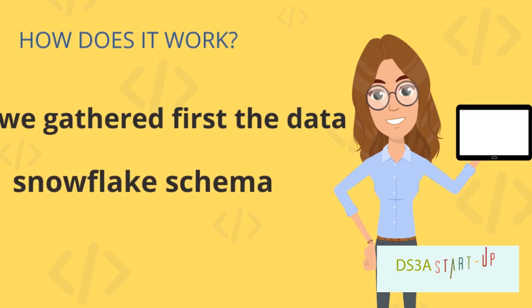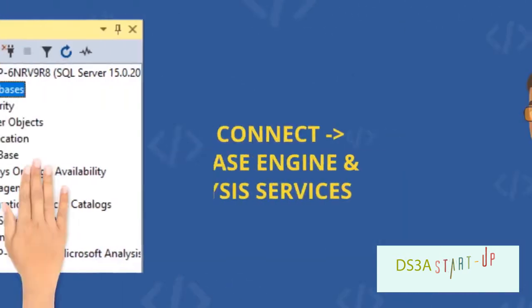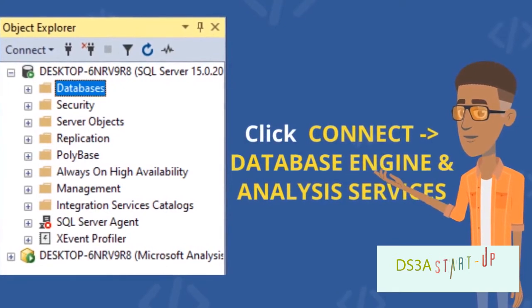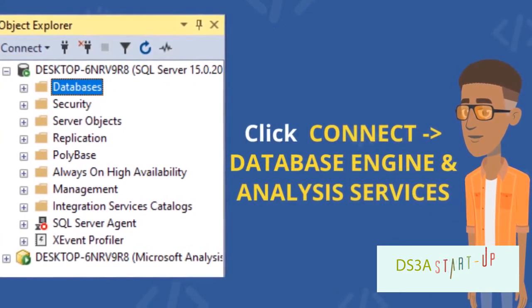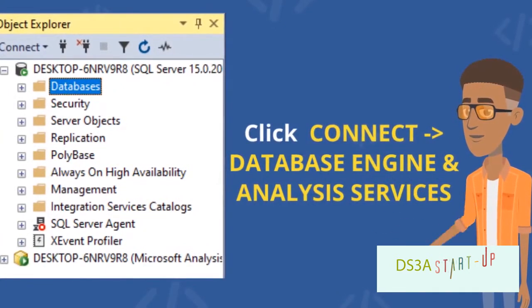At this very moment, I'm going to present to you how we made the data warehouse using SSMS, or SQL Server Management Studio. Right after you've downloaded SSMS, we proceed to the steps. First, go directly to SSMS, or Microsoft SQL Server Management Studio.